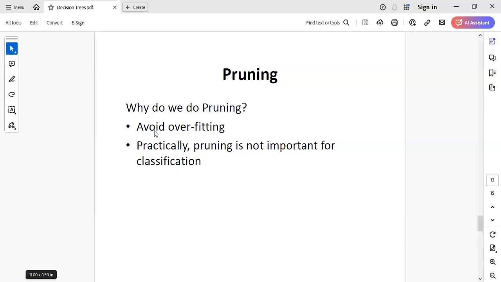These train predictions are compared with the train actual dependent column, and by comparing them we get train accuracy. Then we take the test data, pass that data into the model, and we get test predictions.